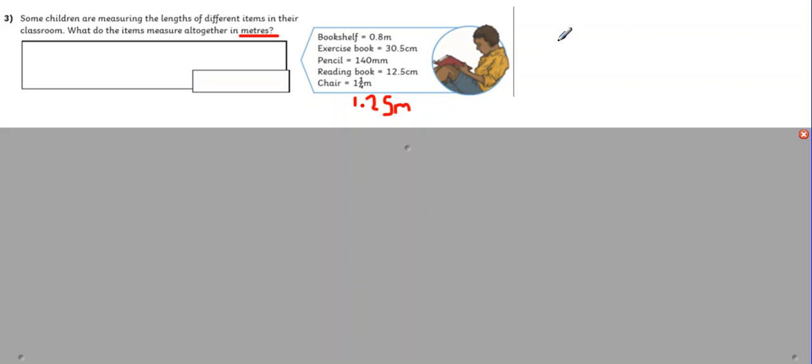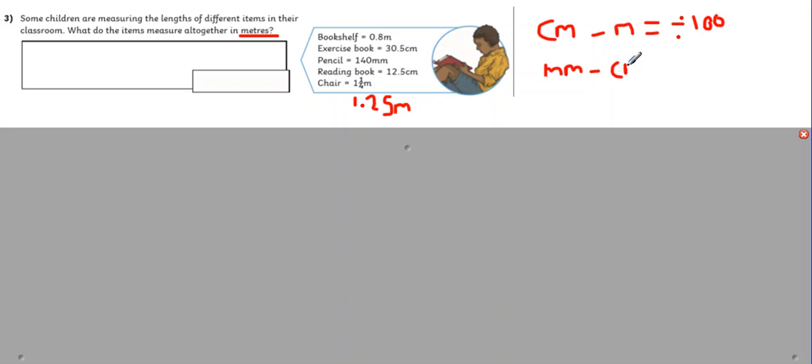So let's just remind ourselves. So centimetres to metres, you would divide by 100. Okay, so millimetres to metres, I would convert to centimetres first.